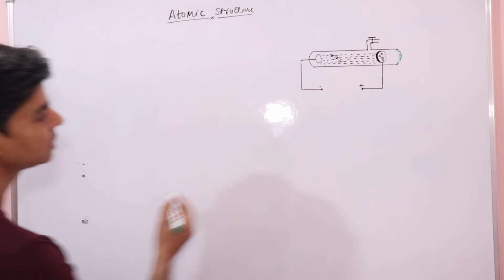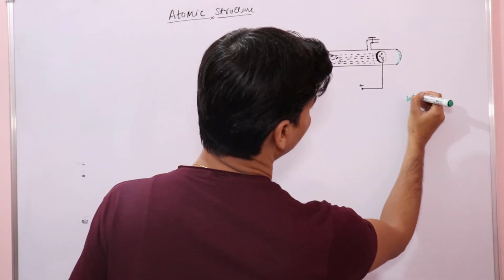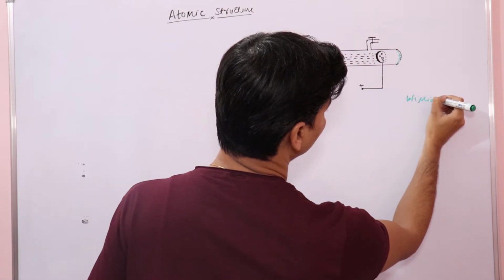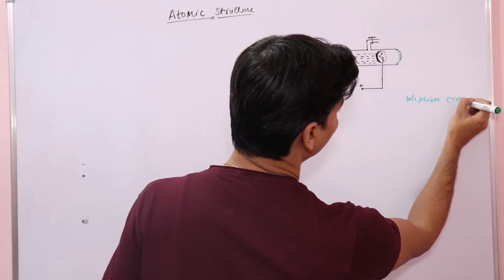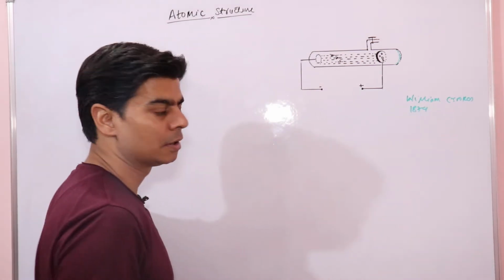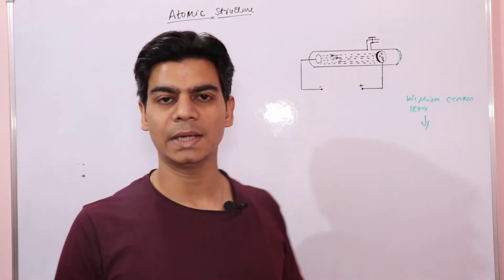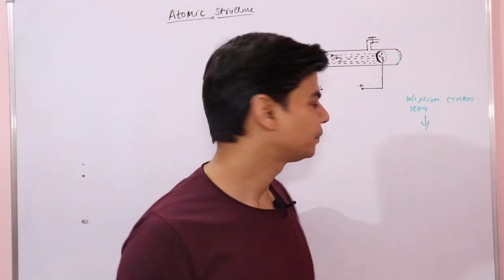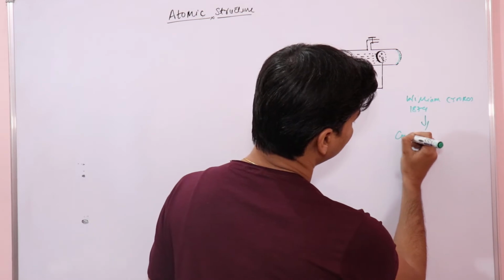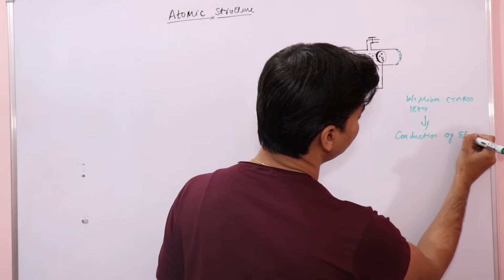So this experiment was carried out by William Crookes in 1879, where he was studying the conduction of electricity through gases at low pressure.